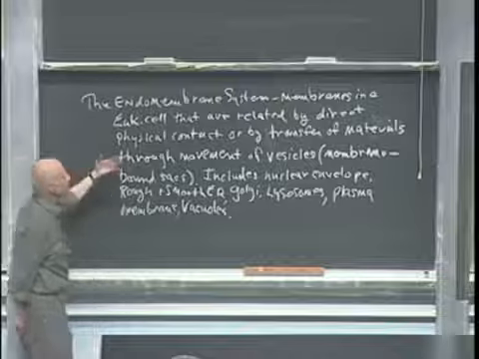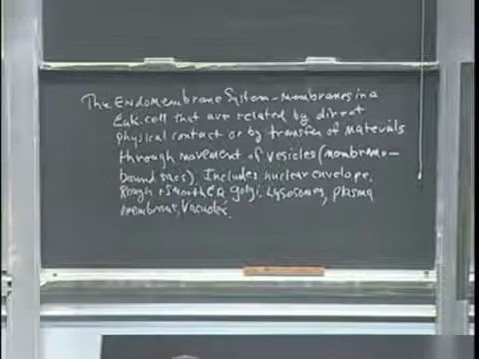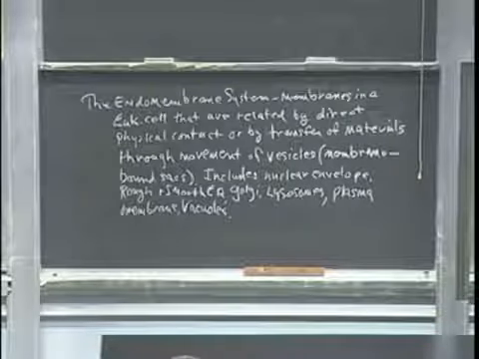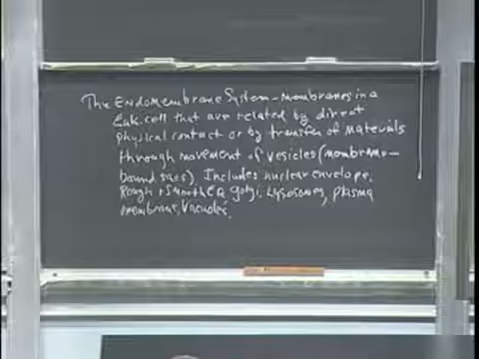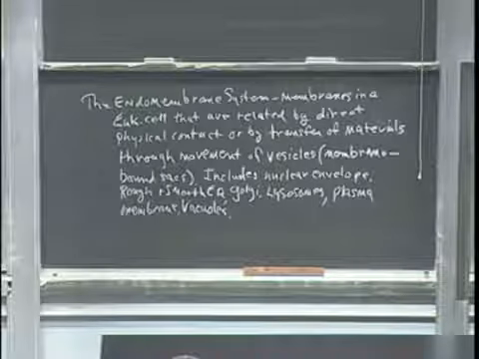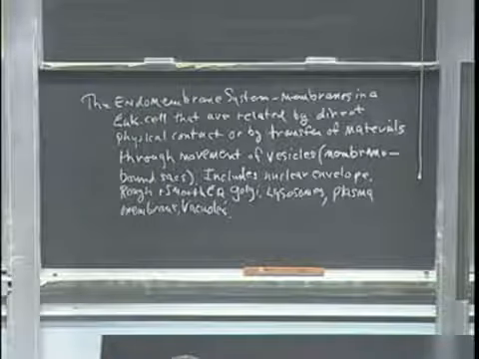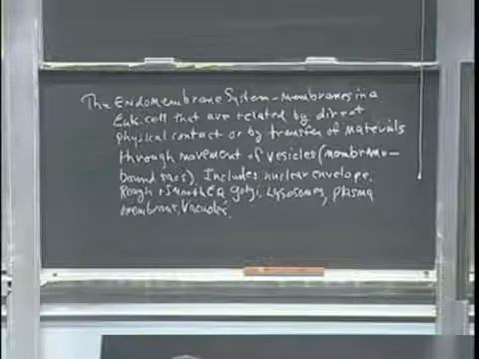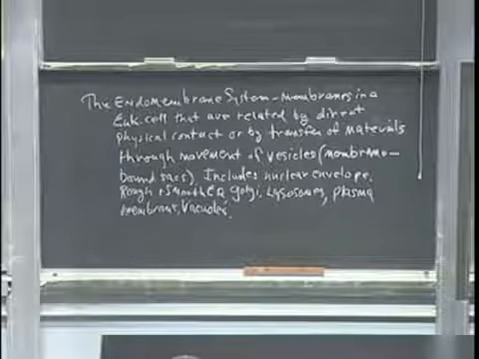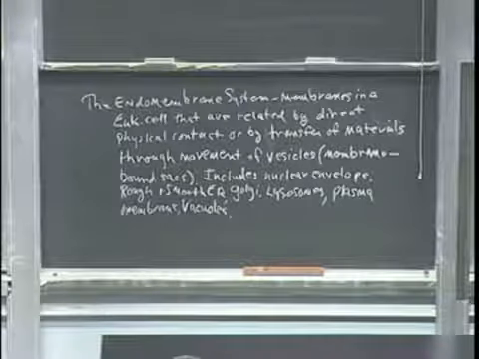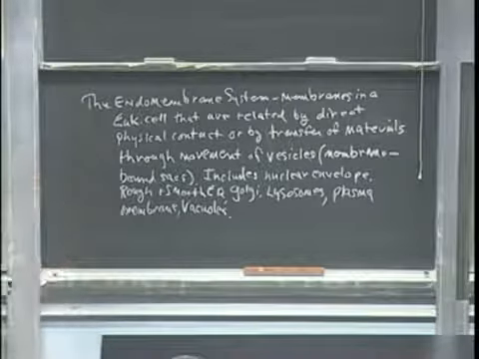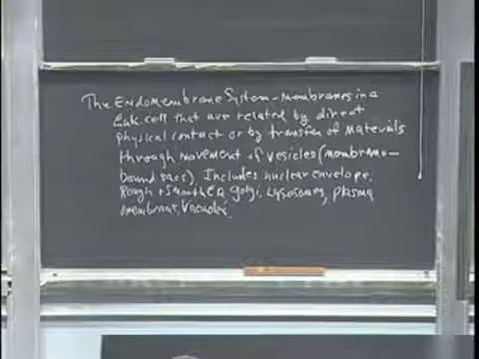The components in this system of membranes are related to each other by, number one, direct physical contact. If you look now at figure 42, you can see to the right that the nuclear envelope and the endoplasmic reticulum are continuous membranes. So there's a continuous membrane system that runs through the eukaryotic cell, and that is part of the endomembrane system.